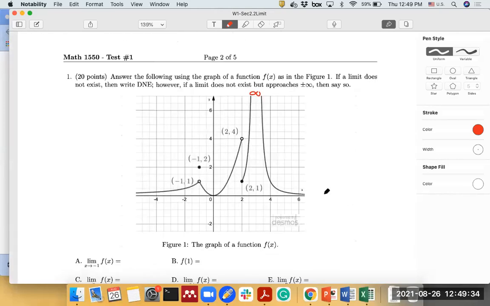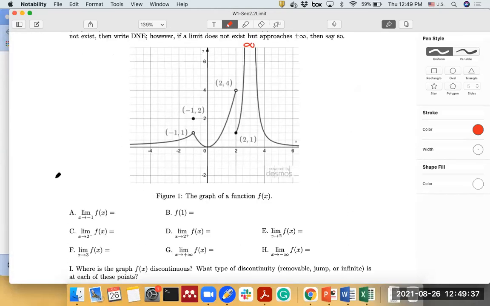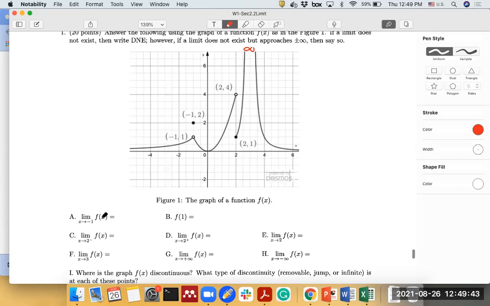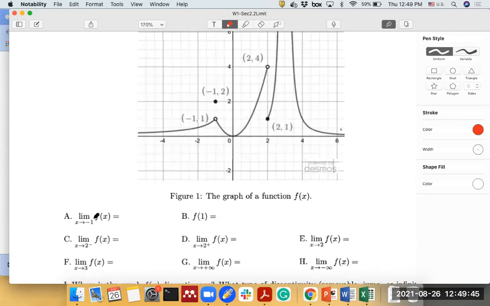Answer this question. What is the limit of f(x) when x approaches -1? Good. Here, -1 is right here, right? Then we see that both branches of the graph approach this value, and from this scale, we know that this position is 1. Therefore, the answer here should be 1. Very good.